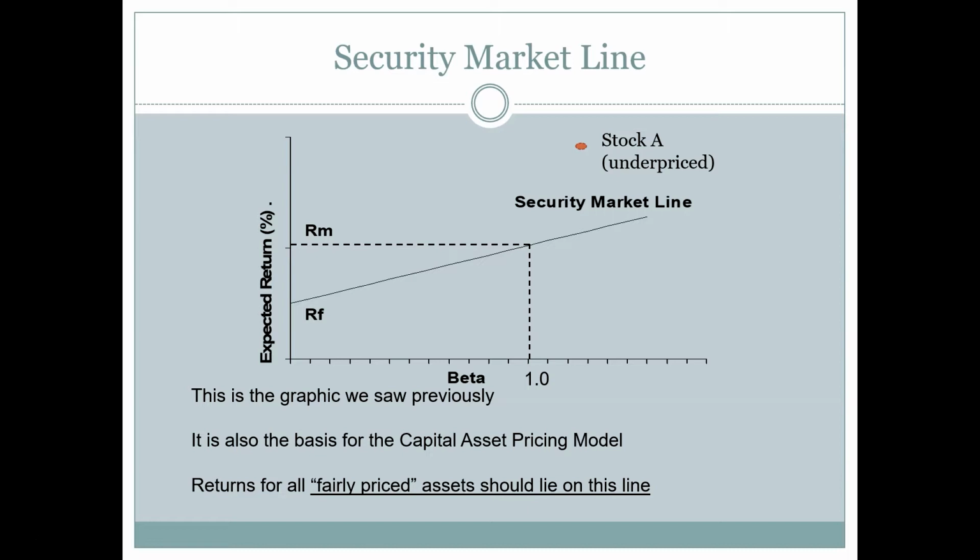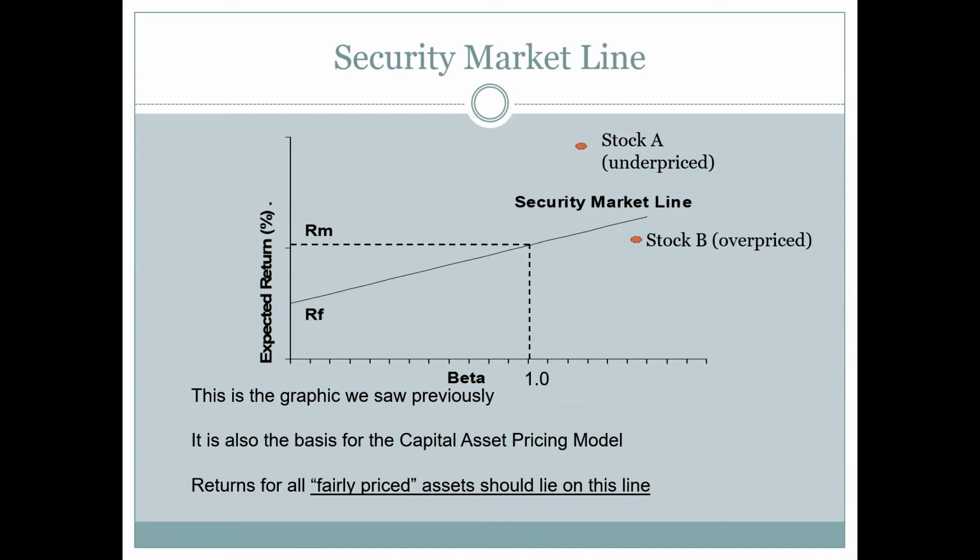And when everybody recognizes a good deal, everyone tries to go and buy it. And as everyone rushes out to buy it, if we remember our basic economics, when there's really high demand, then we expect that the price needs to go up. And as the price goes up, the expected return for this asset must fall. And it falls back down to the line.